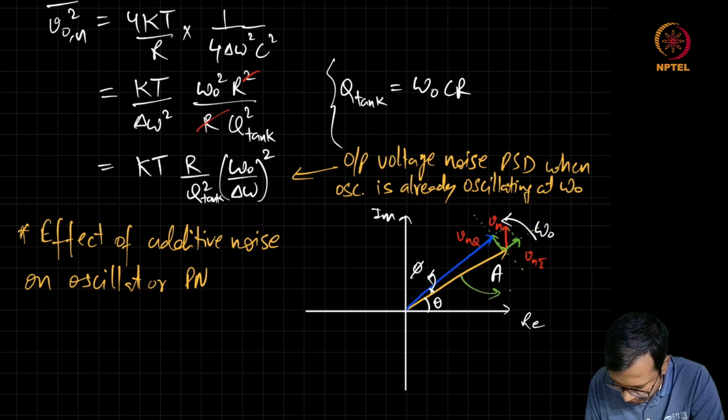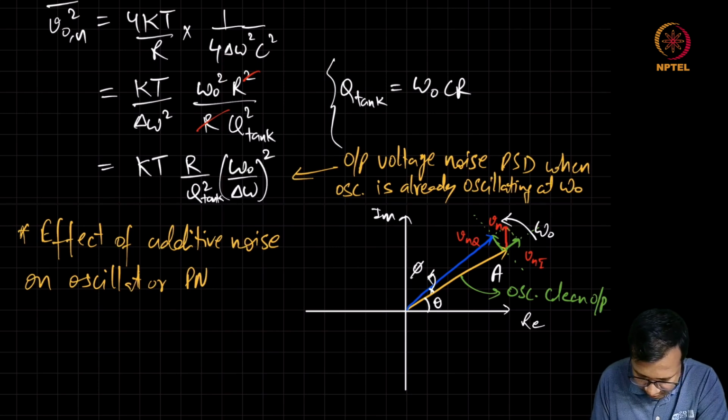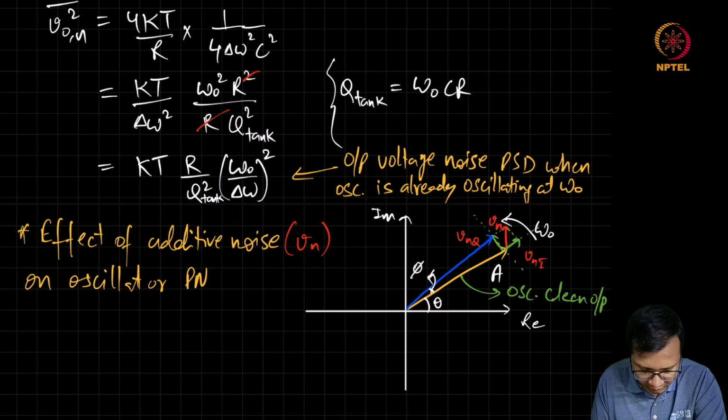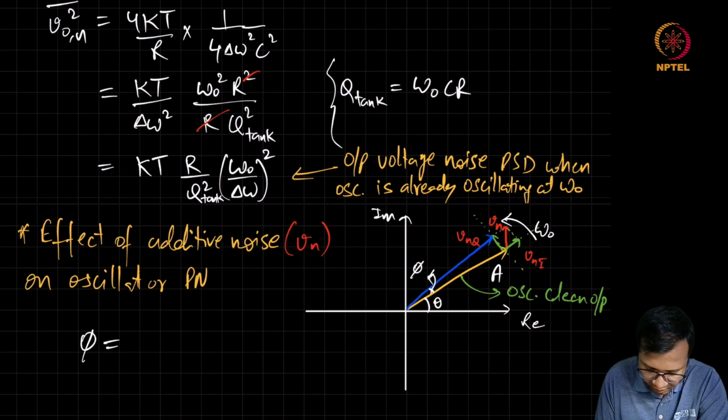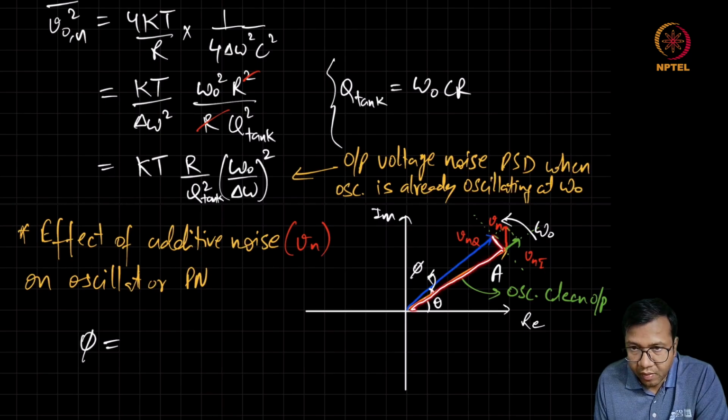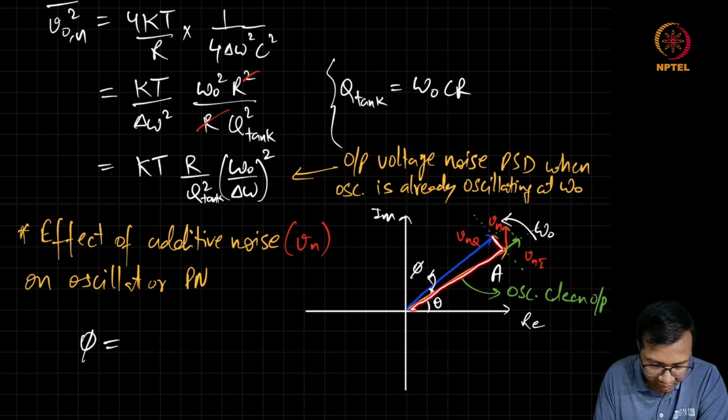This is the oscillator clean output. Vn is the additive voltage noise, and we can now easily see that this phi is going to be almost equal to Vnq divided by the amplitude of the clean signal, which is A in our case.